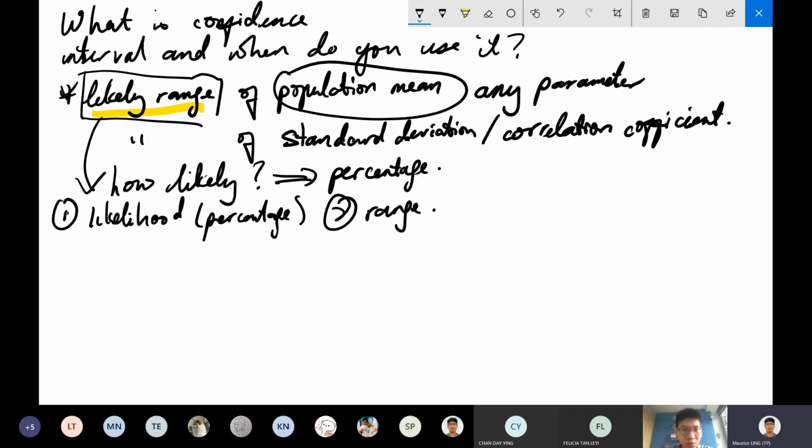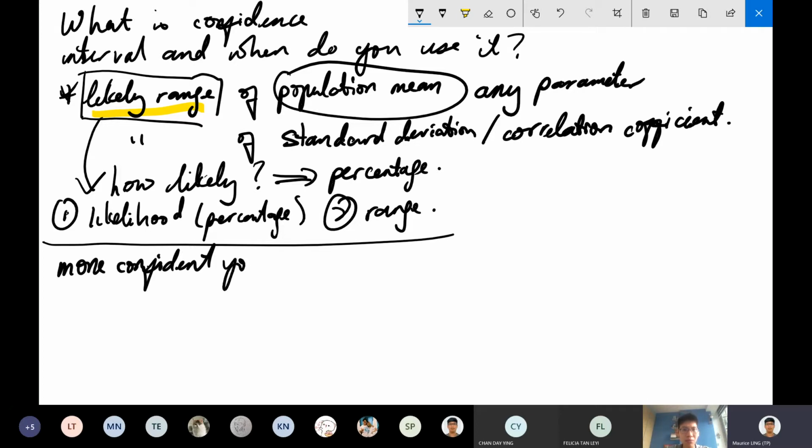Having said that, there are a few other things to take note of. The more confident you are, the larger the range.